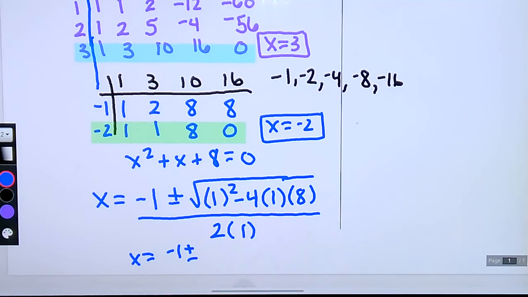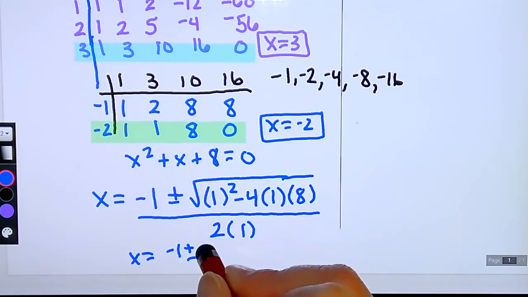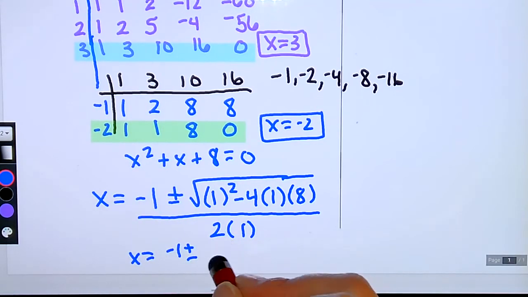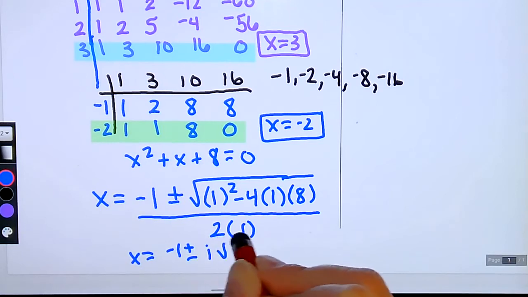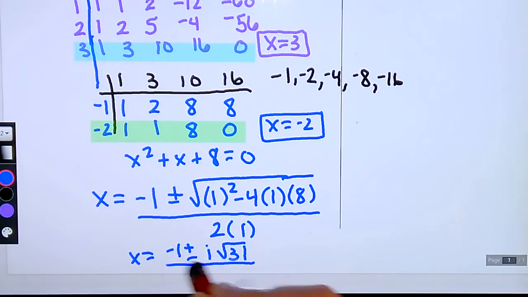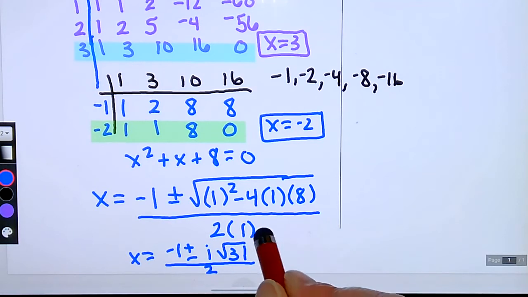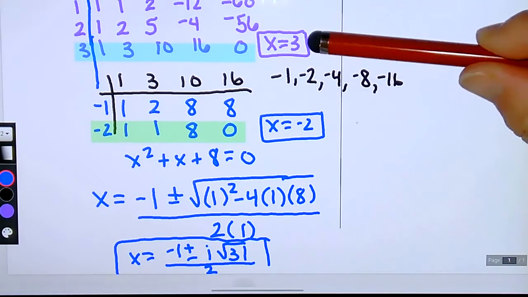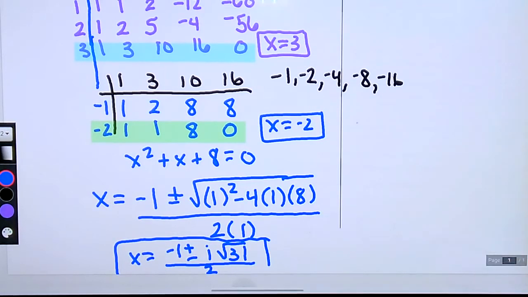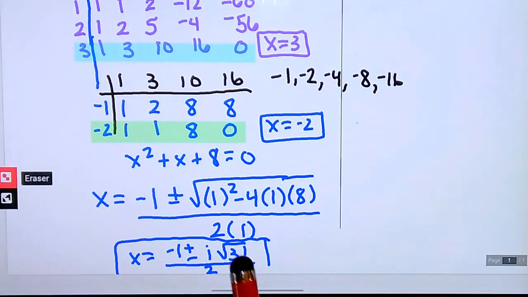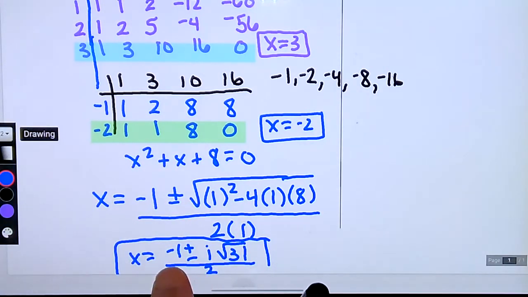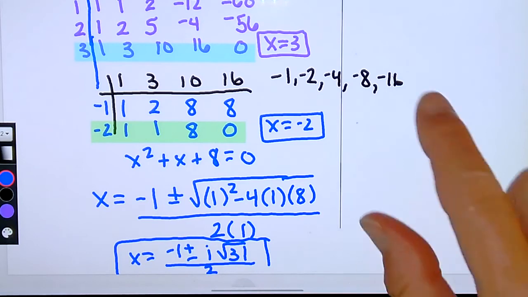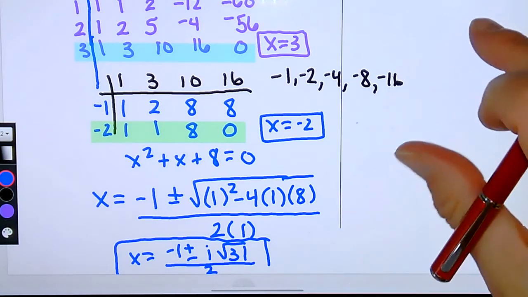So 1 minus 32 is going to be a negative 31. So this is going to be i root 31 all over 2. Okay, and those are going to be my other two answers. So I have 4 answers: 3, negative 2, and negative 1 plus or minus i root 31 over 2. Again, should get 4 answers when it's a degree 4.